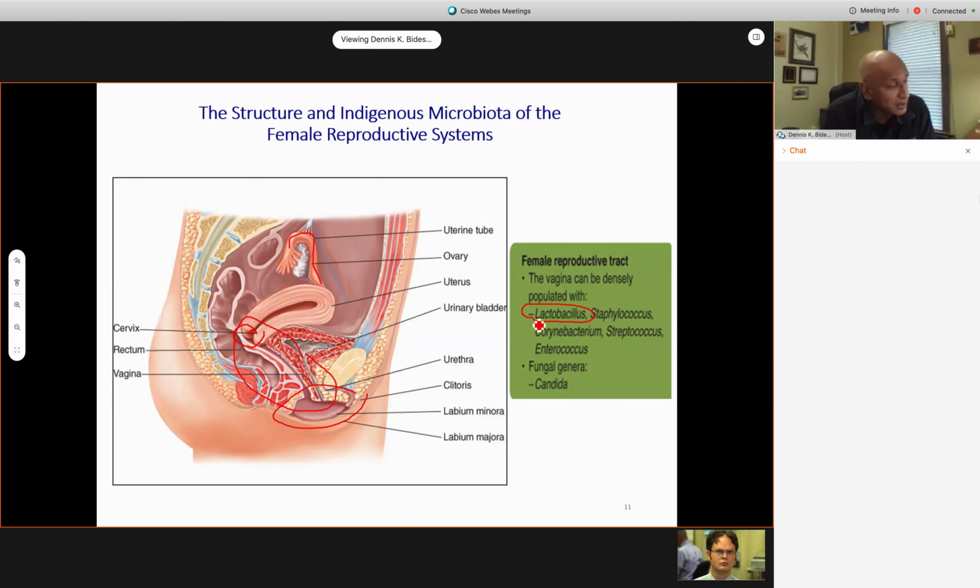That alone suppresses growth of potential pathogens, all right? But if you have a true pathogen like Neisseria gonorrhoeae, or chlamydia, or even the organism that causes syphilis, Treponema pallidum, it doesn't matter if lactobacillus is present or not. But in general, a high concentration of lactobacillus indicates a normal vaginal flora.